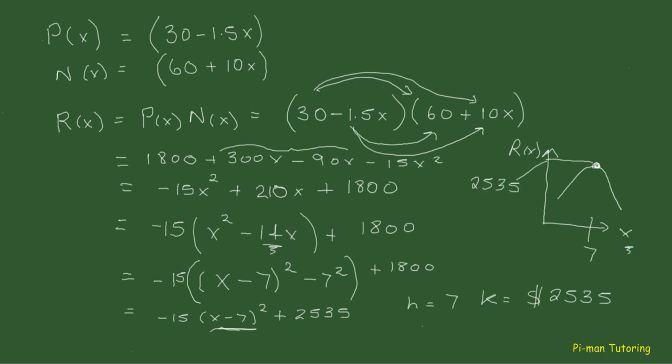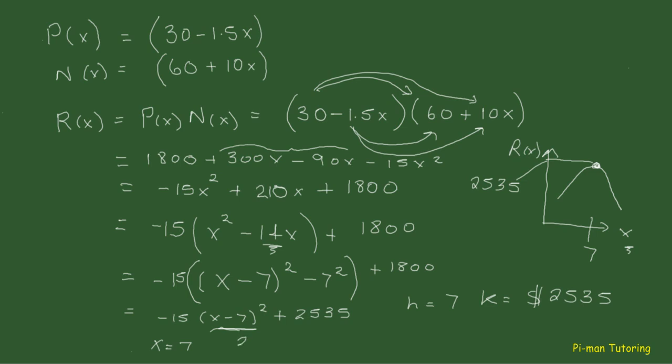So that means that if my x value is 7, I'm going to maximize my revenue. Well, what does an x value of 7 mean? X equals 7 means that I reduced the ticket price 7 times.